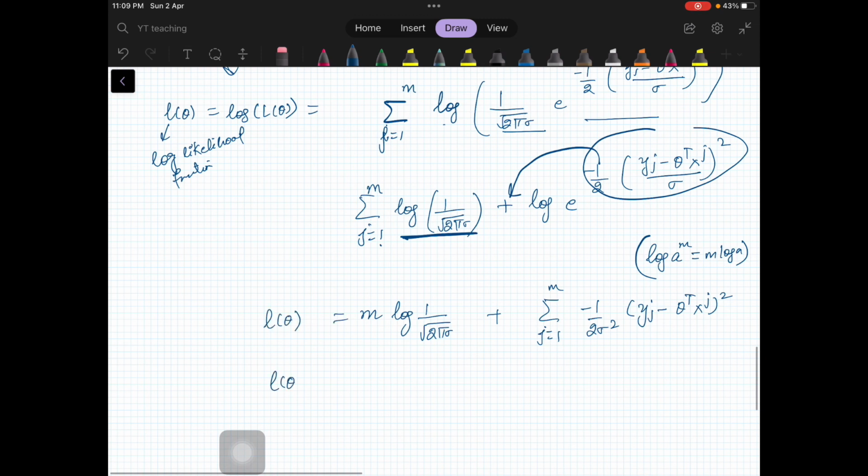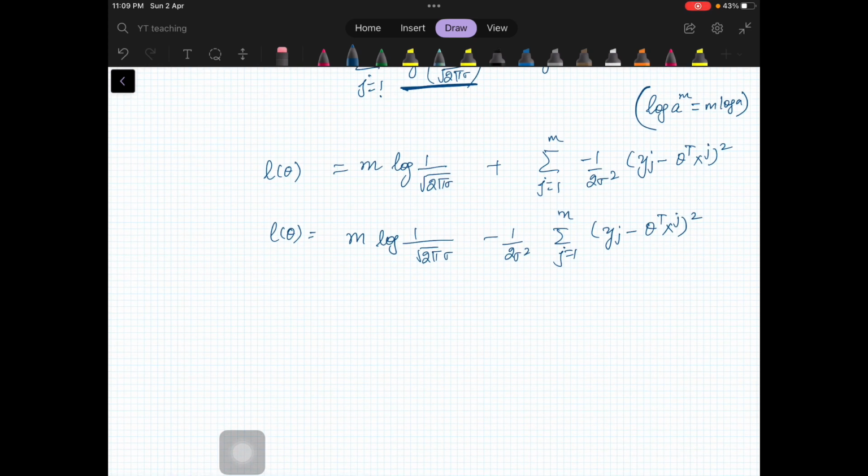You want to maximize it. So this is m log of 1 by square root of 2 pi sigma minus 1 by 2 sigma square, sum j from 1 to m, yj minus theta transpose xj square. Now you want to maximize it.